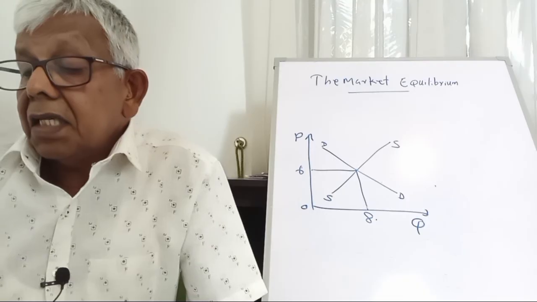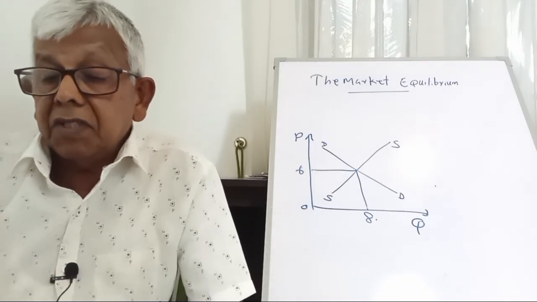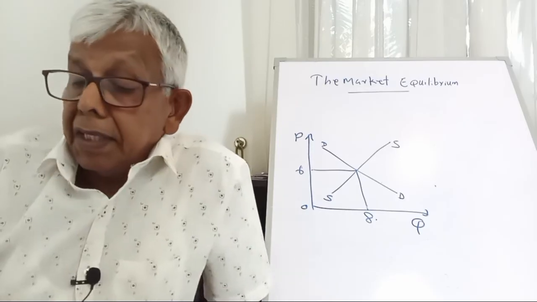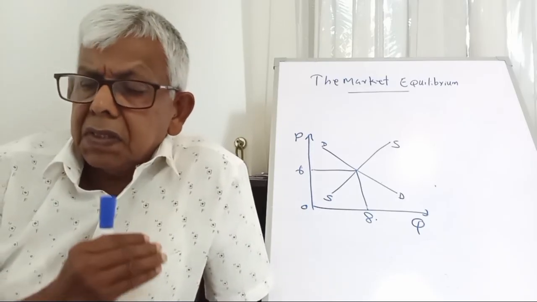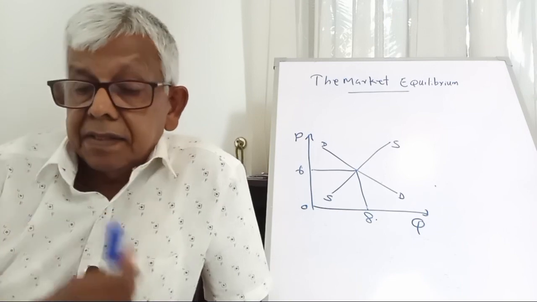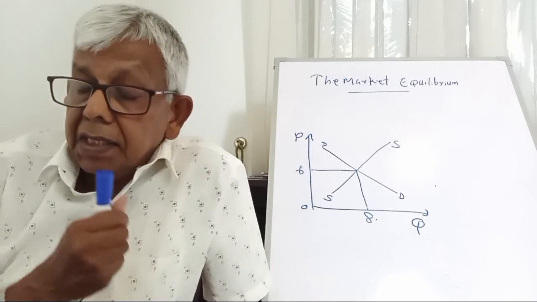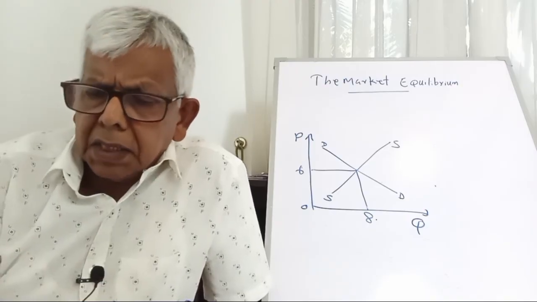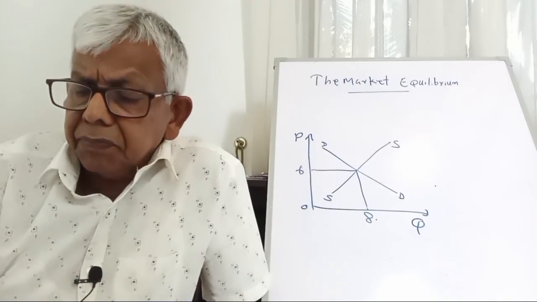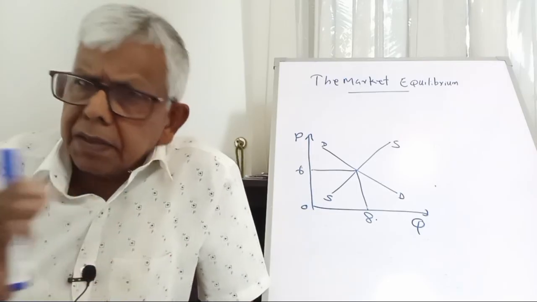Other aspects of the market equilibrium are discussed with the help of demand and supply curves since it is convenient. We have seen that at the market equilibrium, the demand is equal to the supply.